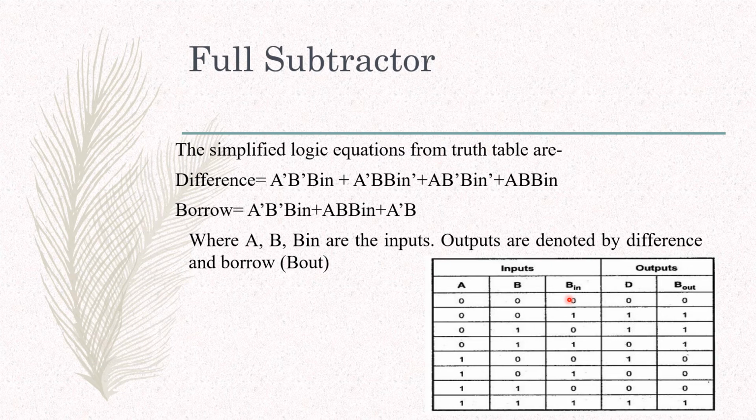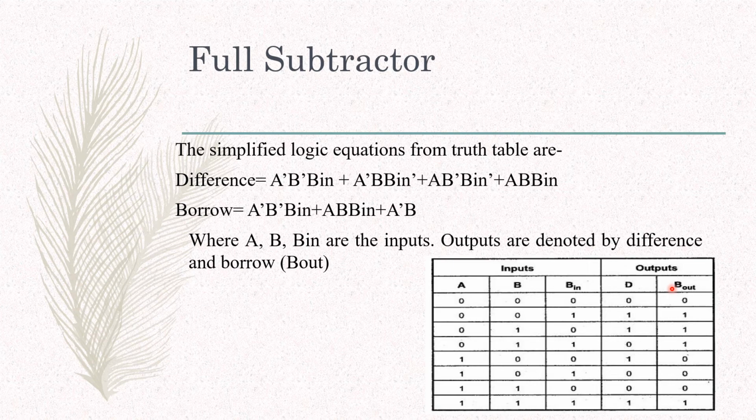These three are the inputs and the outputs are difference and B output. So there are two outputs, difference and B output, that is borrow. The borrow output indicates that the minuend bit requires borrow 1 from the next minuend bit.